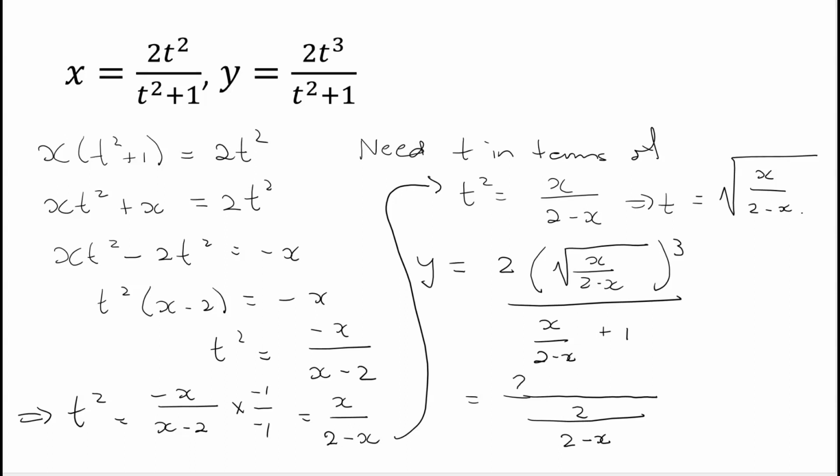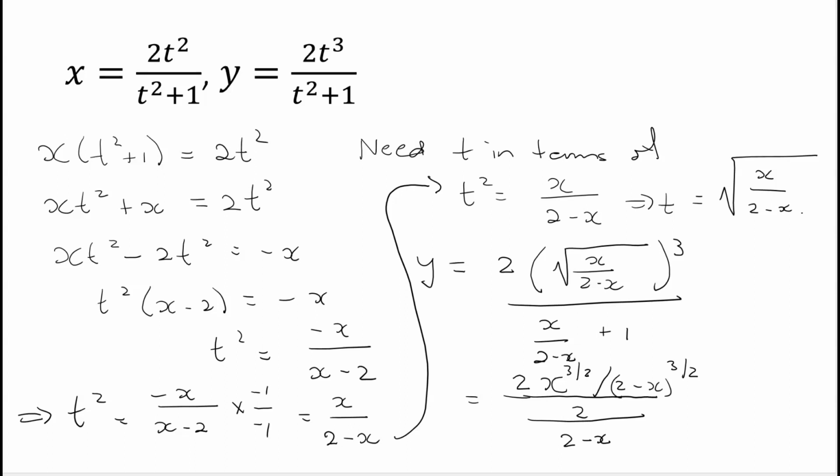So we've got 2. Now we've got x to the half, which we're going to take to the power of 3. So that would be x to the power of 3 over 2. And the bottom line also is going to be 2 minus x, because it's the square root, so that's to the power of a half, now to the power of 3. So that would be to the power of 3 over 2.